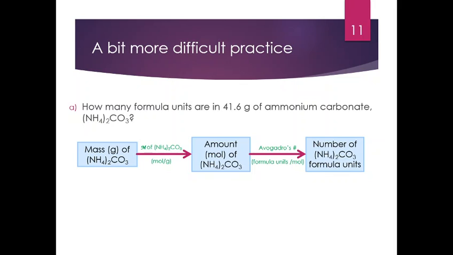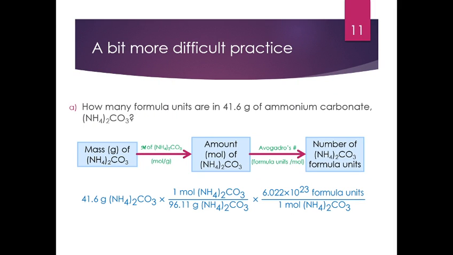Just using this scheme, which is not new, it's the same scheme from the previous slides, we have 41.6 grams of our (NH4)2CO3, and then use the molar mass, making sure that the grams are on the bottom so grams and grams can cancel out. For the next step, make sure you put moles on the bottom so your moles and moles can cancel out. And just to be on the safe side, draw some lines through these units just to make sure you're telling the truth to yourself.